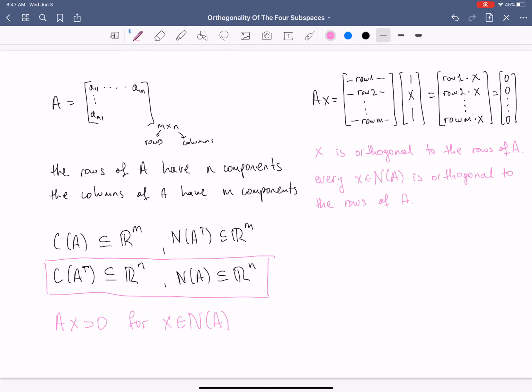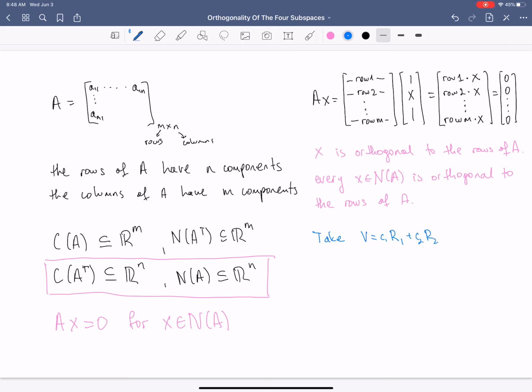So why is that the case? Well, let's take a linear combination of the rows of A. So let's say take the vector v to be a linear combination of the rows. So to be c1 times, let me just use r1 for shorter, but that means row 1, plus c2 row 2.